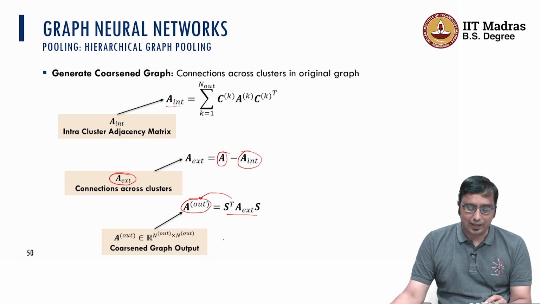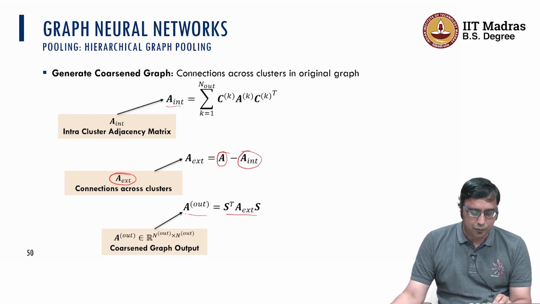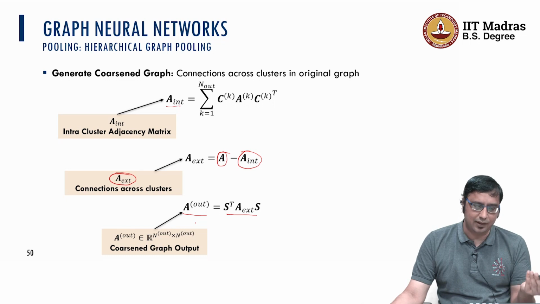This way we get from our input adjacency matrix to the output adjacency matrix corresponding to the coarsened graph, or we can say it is nothing but the coarsened graph output.